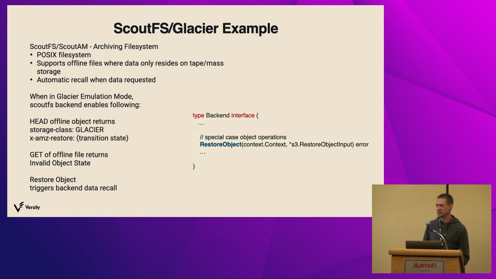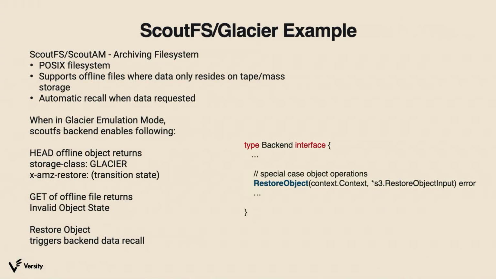It has to be an intended recall, which is through the restore object API. That'll trigger the backend recall in our system. We have what we call stage notifications, and so the customer can get notifications similar to what Glacier would when the object is online, or you can just keep polling the headers to see whether the storage class is still Glacier, and is it still transitioning, or is it back online? I think the storage class is standard or whatever once it's online.